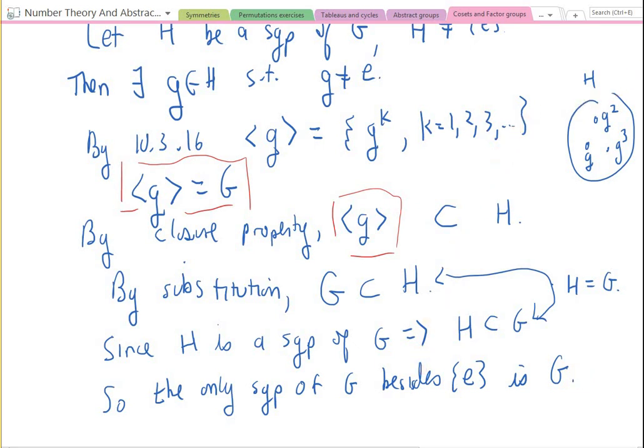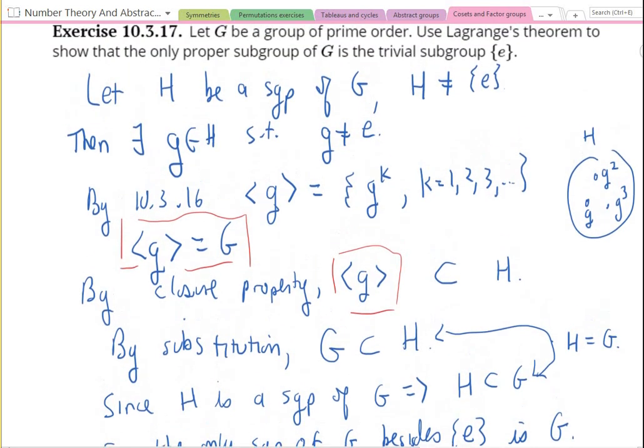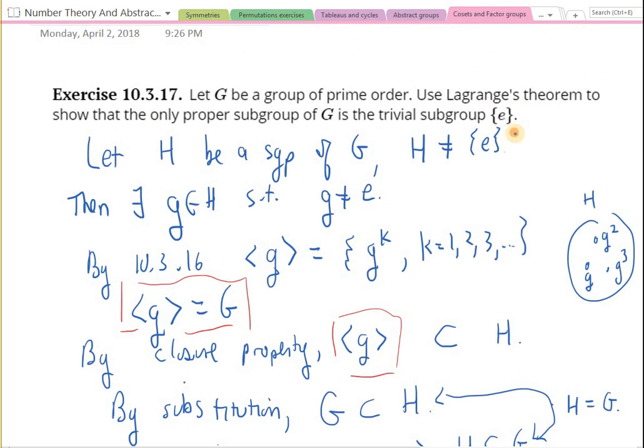Because you showed as long as H contains something besides the identity, it has to be big G. So what does that tell you about proper subgroups of big G? Since the only subgroups are big G and little e, what does that tell you about proper subgroups of big G?